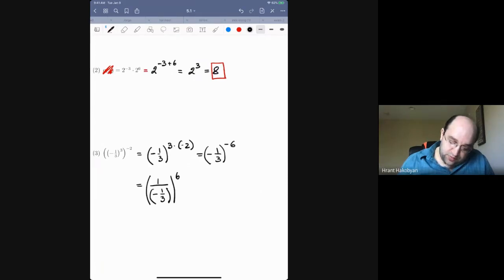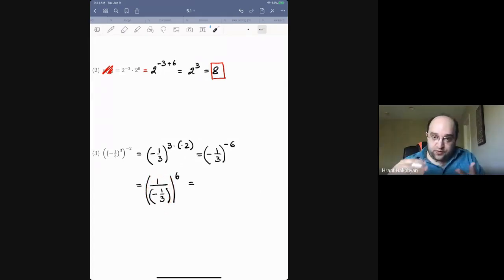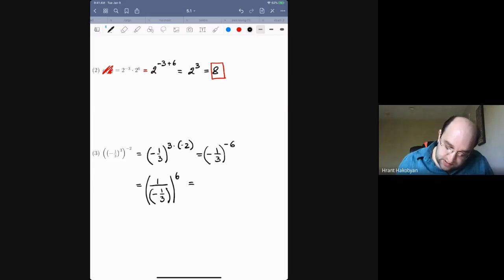So we're doing this problem here. I'm gonna do the inside first. The inside is 1 over negative 1/3, which is negative 3, because 1 divided by negative 1/3 is negative 3.